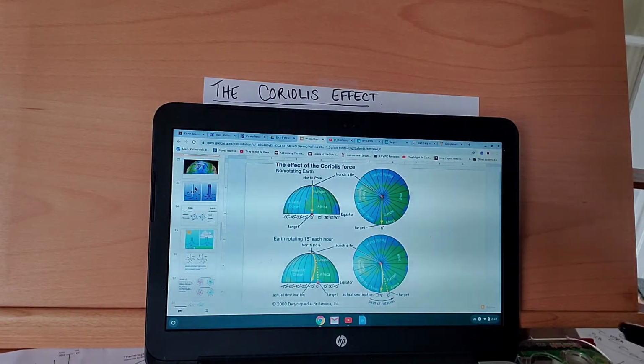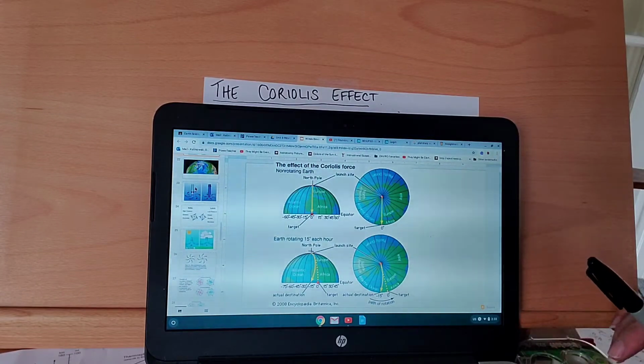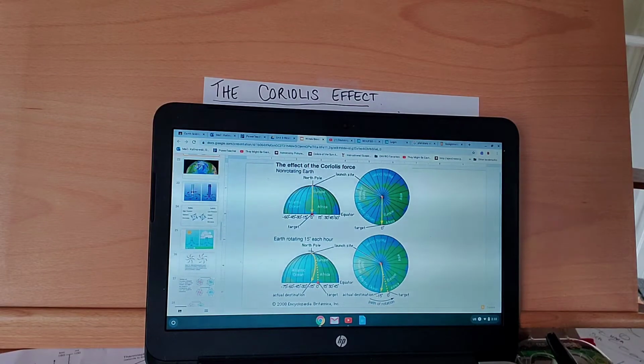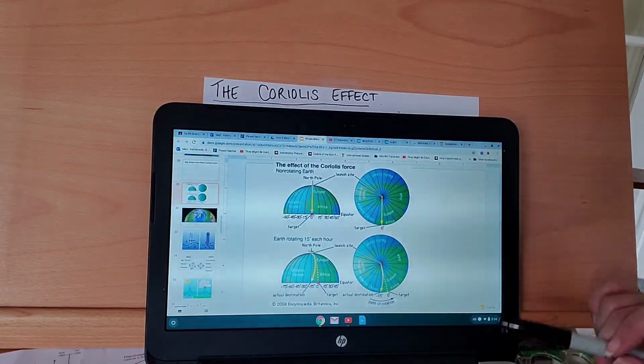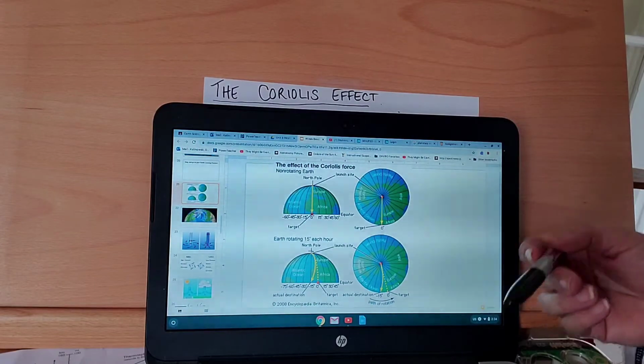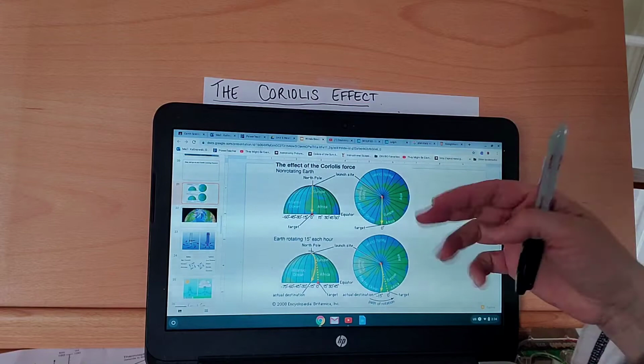If you look at my slideshow right about now, starting at slide 20, this is a picture of what I'm trying to describe, the effect of Coriolis force.